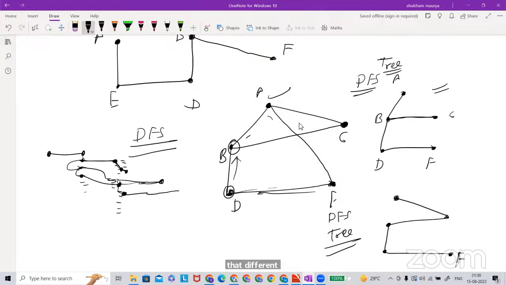Sir, look at the DFS tree in the right uppermost graph.